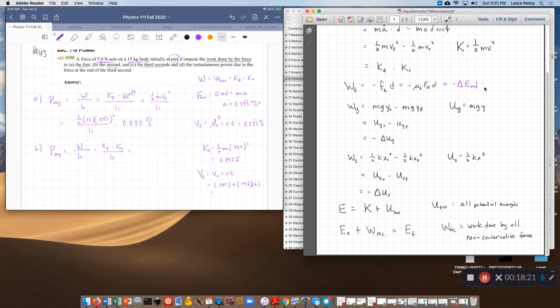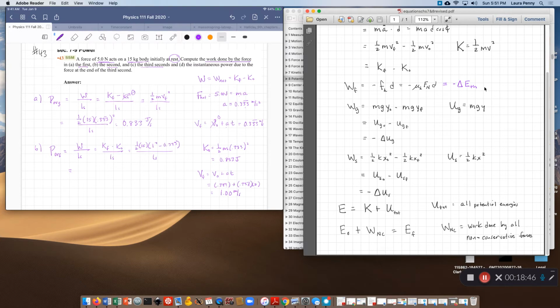So this is 1 meter per second. So now I'm going to say 1/2 times 15 times 1 meter per second squared minus 0.333 meter per second squared, again divided by 1 second.